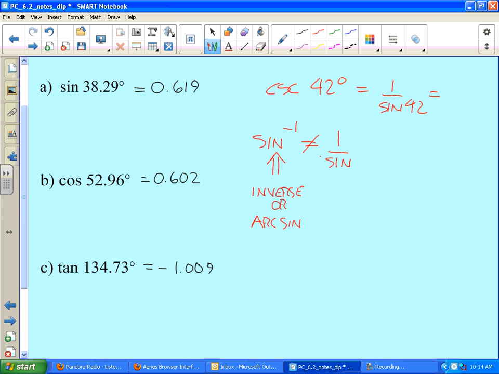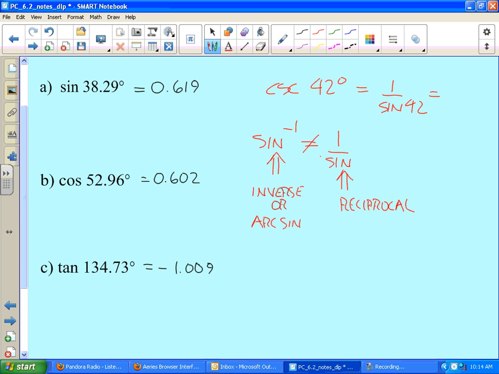And it helps me find an angle. This is a reciprocal. They're different. They're not the same thing. I physically have to go 1 divided by sine 42 and then get the answer.